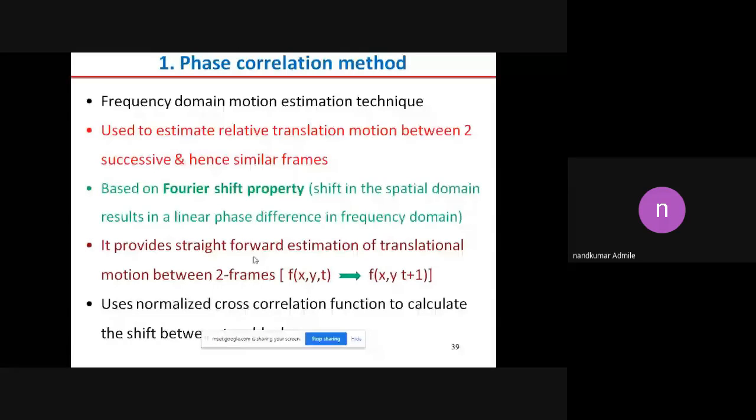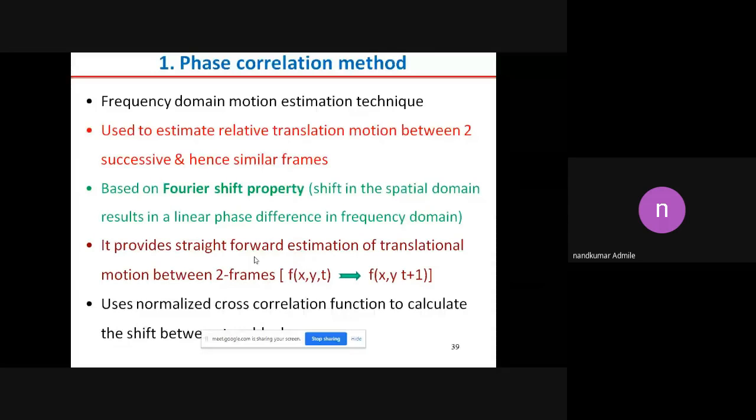Okay, so in the phase correction method, we can use the frequency domain motion estimation technique. How the single frame and the next frame differ from each other: for that we can use different types of shifting properties, which we might study in your digital signal processing.